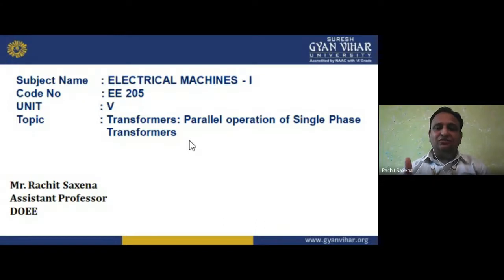So the kinetic energy of the steam is converted into mechanical energy, and the mechanical energy of the turbine is converted into electrical energy with the help of an alternator. That alternator is again a machine, but in this semester, in Electrical Machine 1, we are not studying the alternator. In the next semester, in Electrical Machine 2, we are going to study the alternator. But now I have converted mechanical power to electrical.